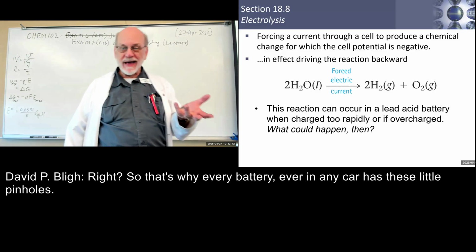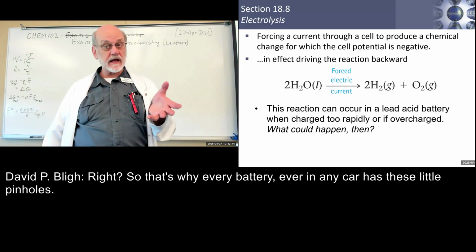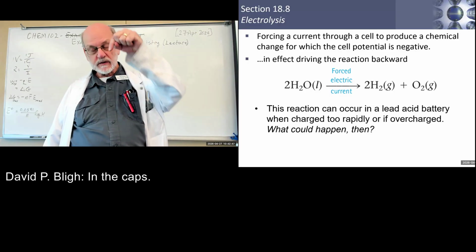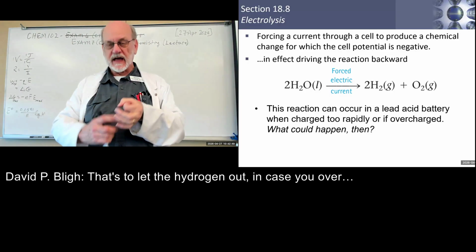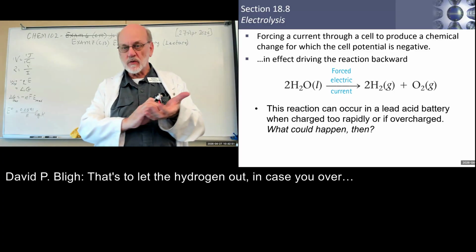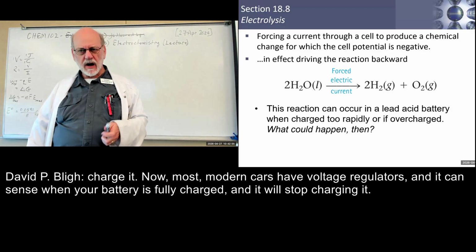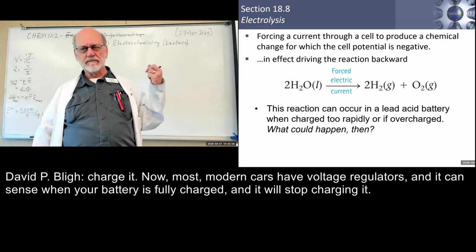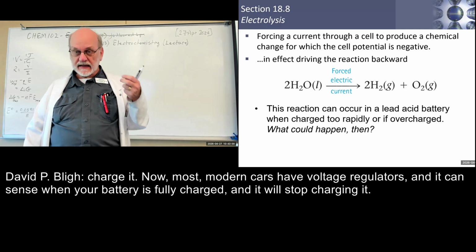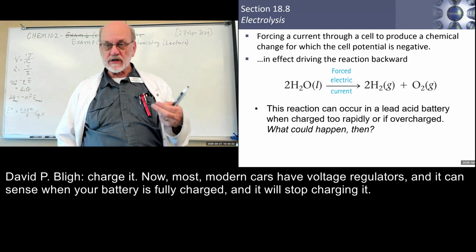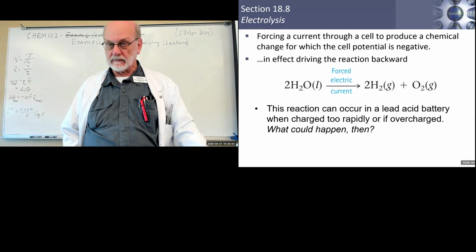Right? So that's why every battery in any car has these little pinholes in the caps. That's to let the hydrogen out in case you overcharge it. Now, most modern cars have voltage regulators, and it can sense when your battery is fully charged, and it will stop charging it.